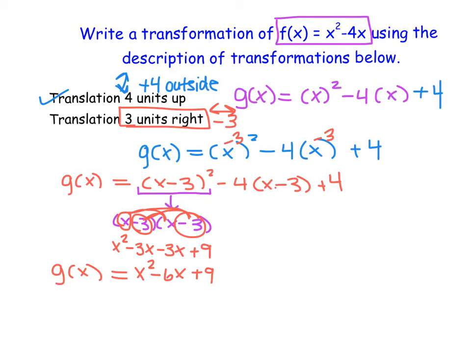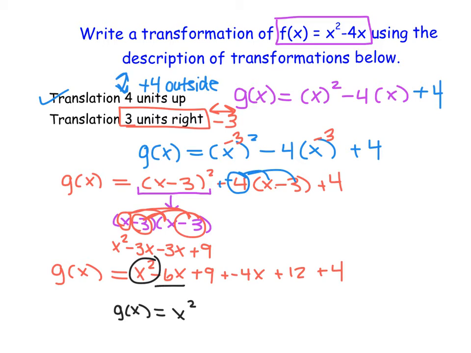Then here, I'm going to utilize keep change here really quick. And in order to simplify this one, I have to distribute that negative 4. So I end up with plus negative 4x, negative 4 times negative 3 is 12, plus 4. And then to end here, I have to combine all of my like terms. So I have g of x equals, I just see one thing with x squared. I then see minus 6x and minus 4x combined to be minus 10x.